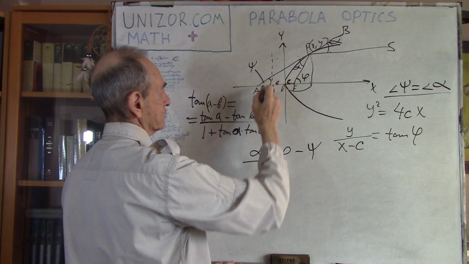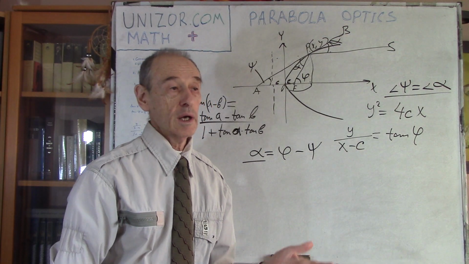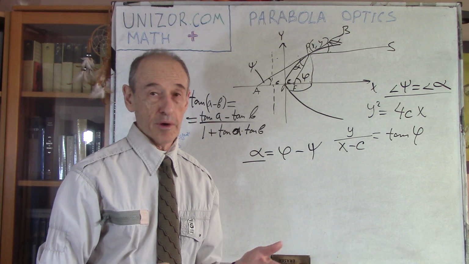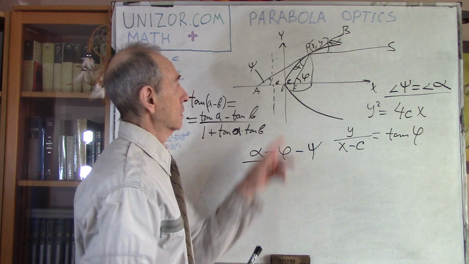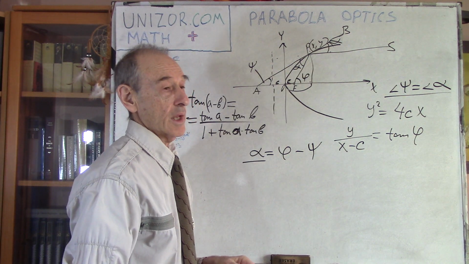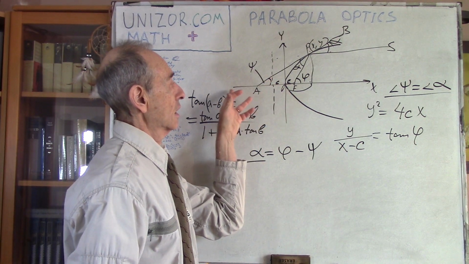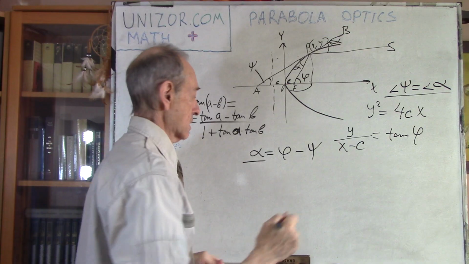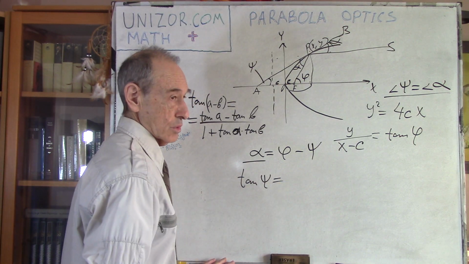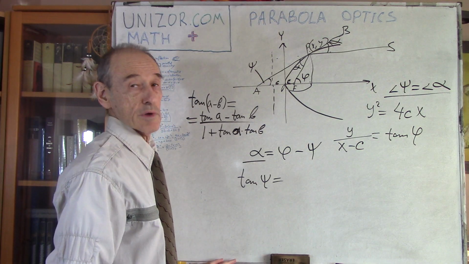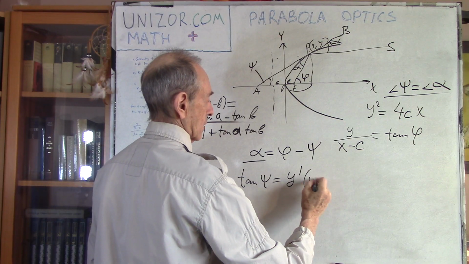How about psi? I will use exactly the same as before when I was talking about optics of ellipse and hyperbola. Well, this is a tangential line to the parabola, and I know that a tangential line has a tangent with the x-axis, which is tangent of psi, equal to the first derivative of the function at the point x.